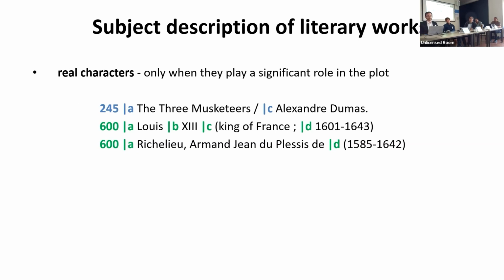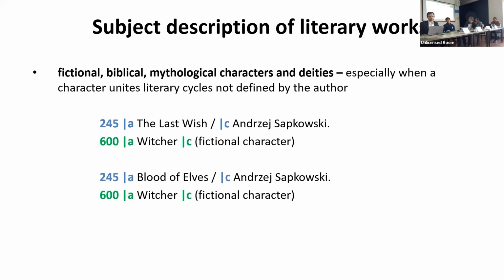Like for example, in The Three Musketeers by Alexandre Dumas, the King Louis XIV and Cardinal Richelieu, as well as some fictional, biblical, mythological characters or deities, especially when the character is the one who unites some literary cycles not defined as one cycle by the author.